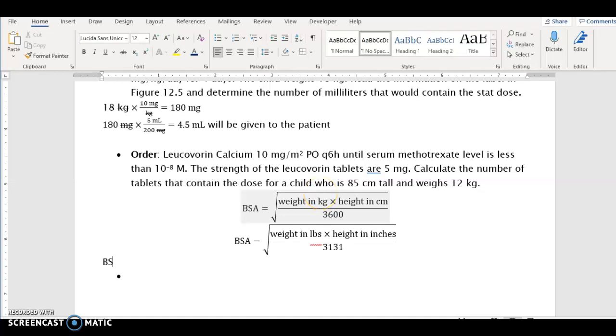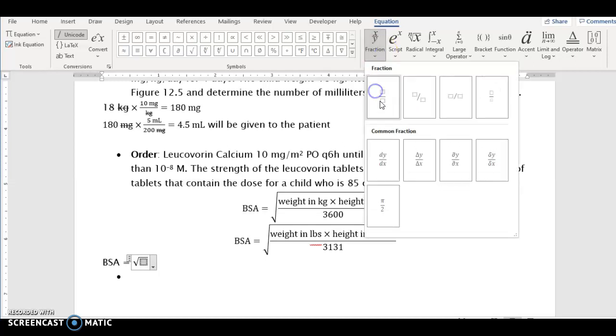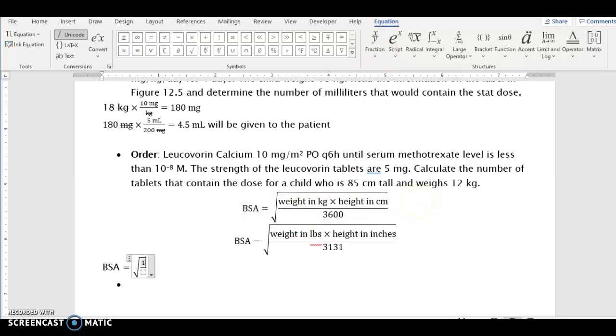So the BSA is equal to the square root of the child's weight in kilograms, which is 12, so 12 kg goes in the numerator, multiplied by their height in centimeters, which is 85 centimeters, and then divide that by 3,600.